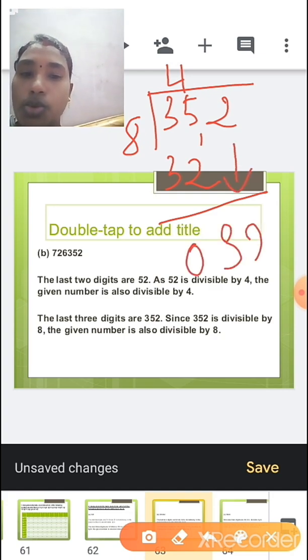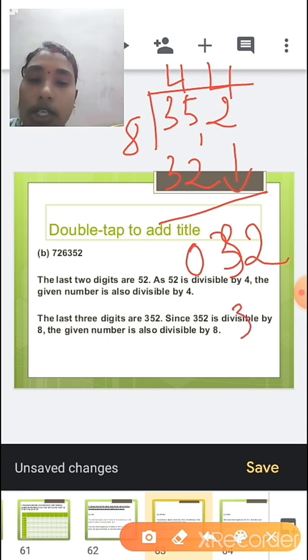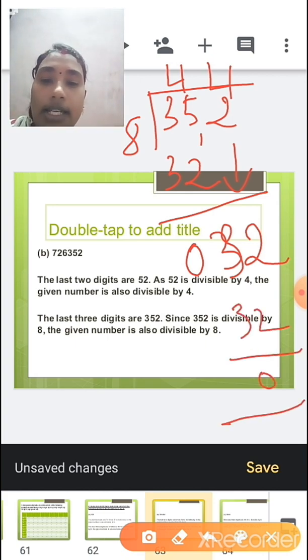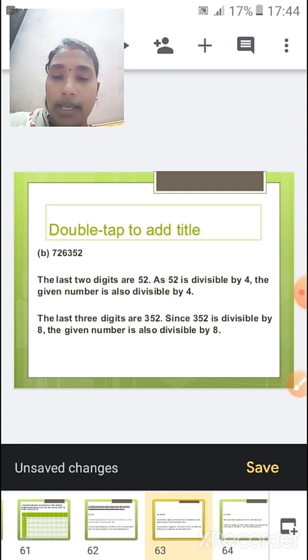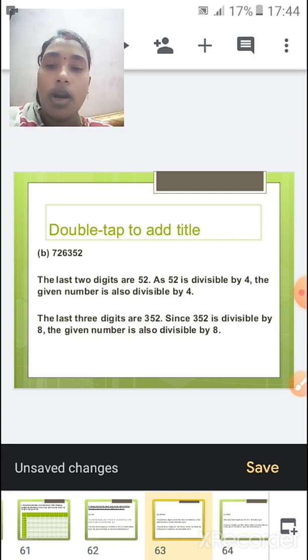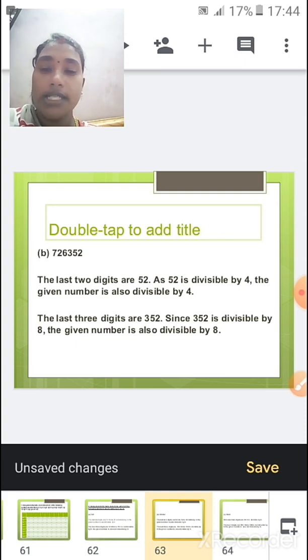So bring down the 2. So again it is 32. Now 32 again will go in 4 tables. So 32 minus 32 is 0. Hence the last three digits are 352. Since 352 is divisible by 8, the given number is divisible by 8 also. Okay. So did you understand how to do this sum? Yes? Okay. So let me teach the next sum.